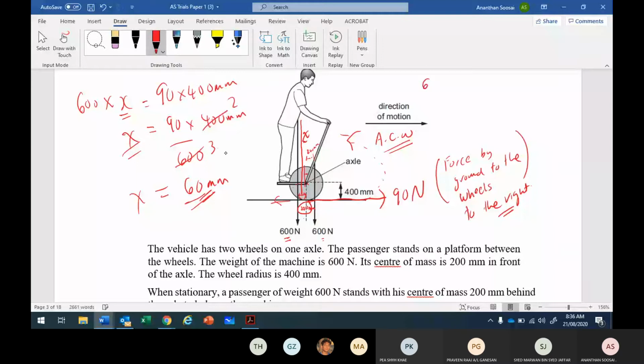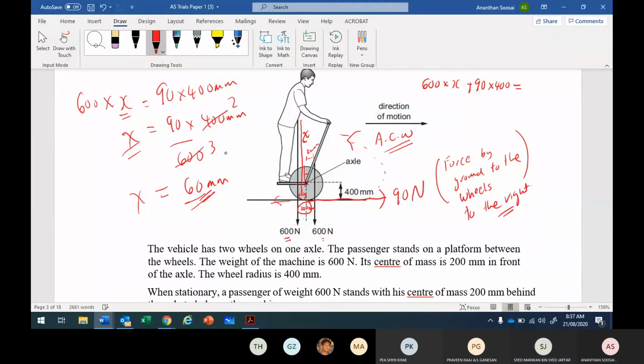So you see, 600 times x plus 90 times 400 should be the anti-clockwise moment for the system.